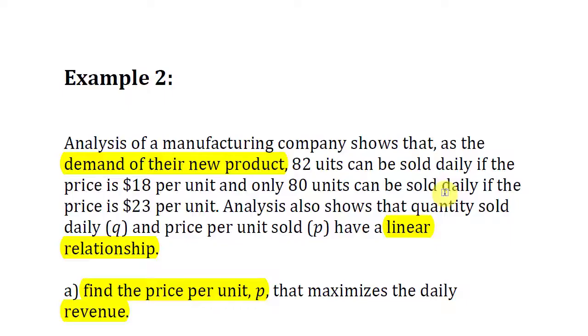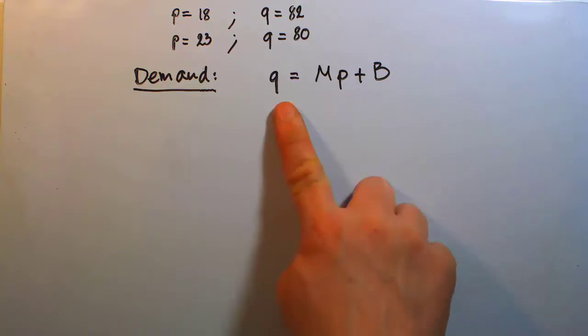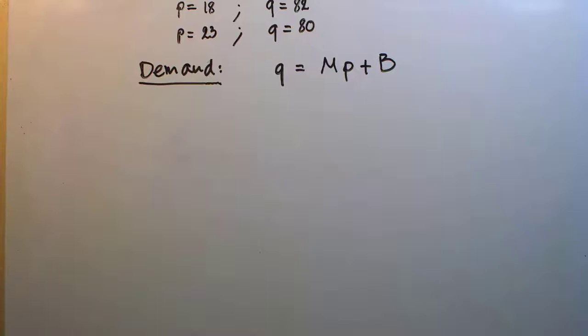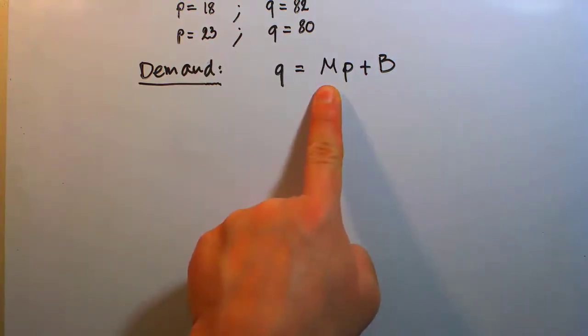Because of that other piece of information I highlighted in yellow here, saying that analysis also shows that quantity sold daily and price per unit sold have a linear relationship. That's the reason I can simply choose this starting form of my equation. And the rest is just a matter of finding out how big our slope value is and how big our y-intercept value is.